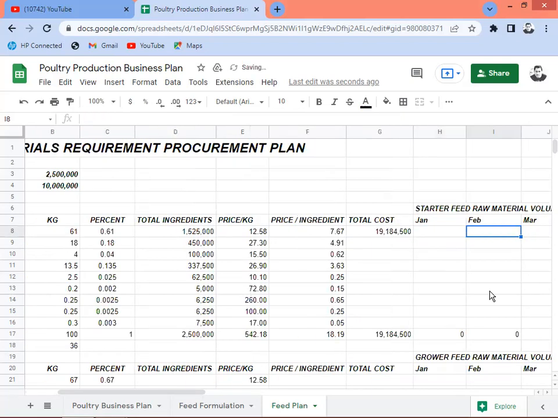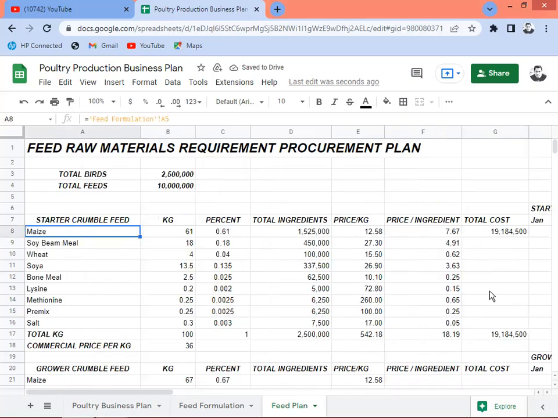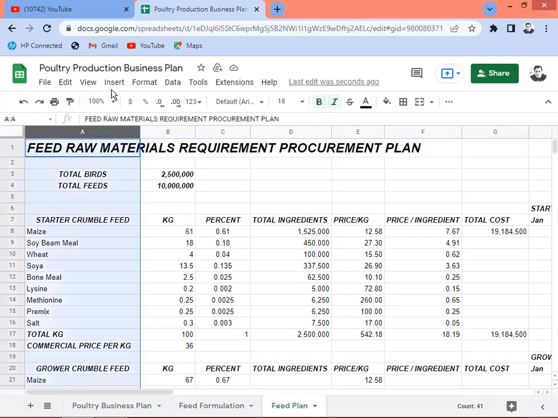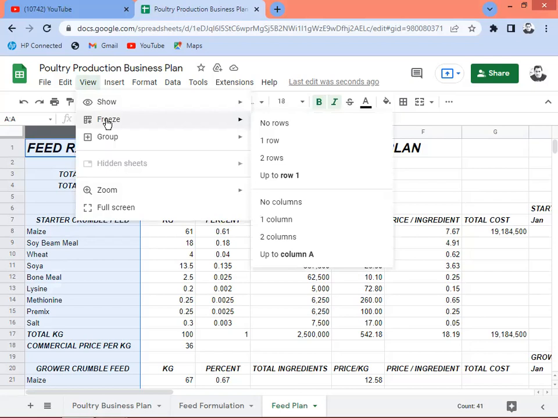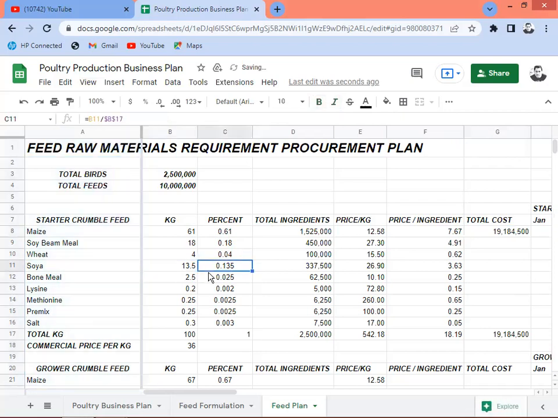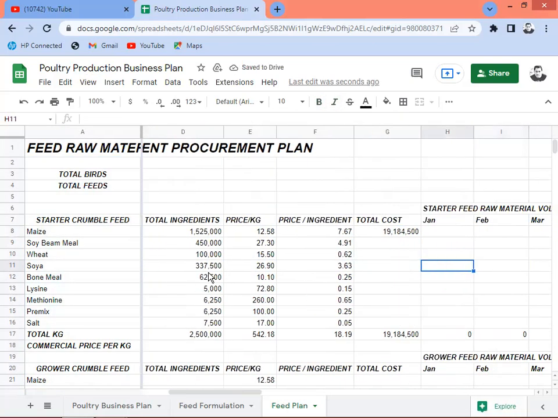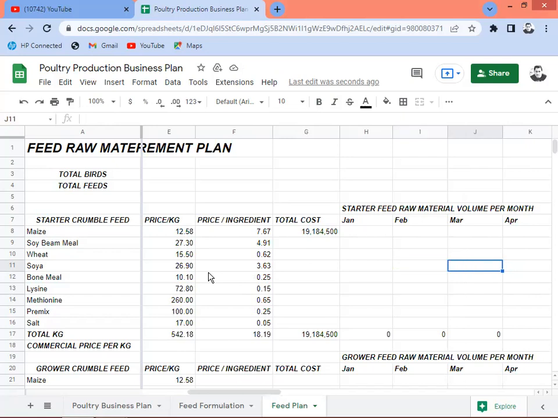In order for us to still see the first column, I'm going to freeze it. Just click View, then Freeze, and then freeze one column.